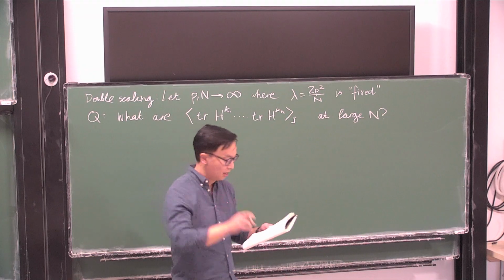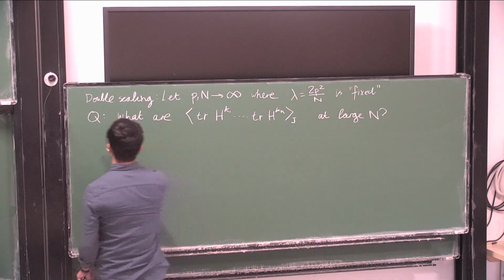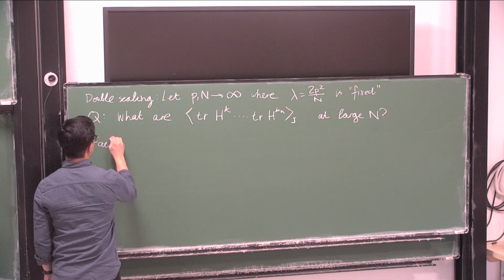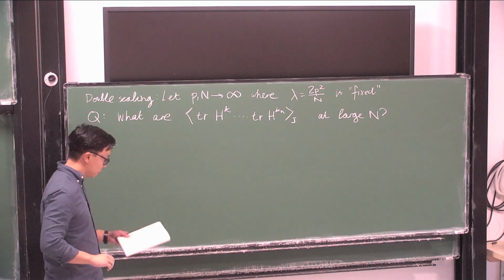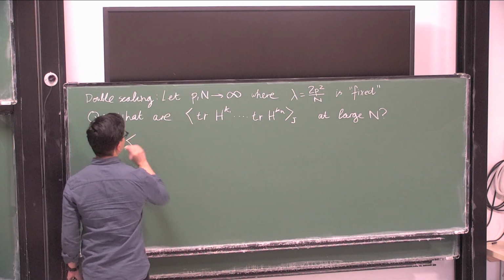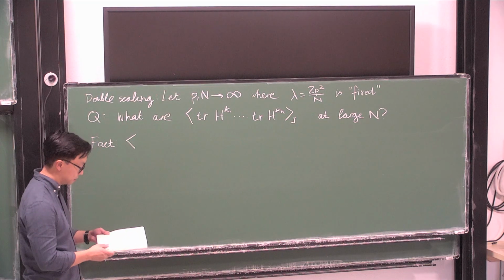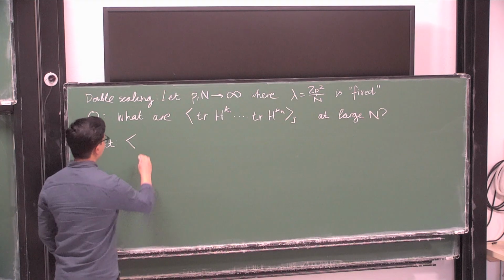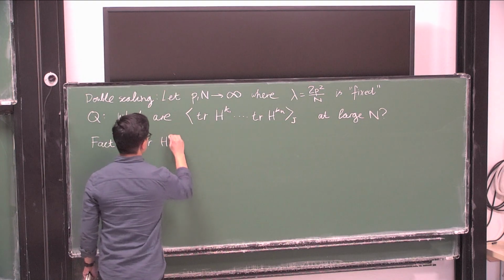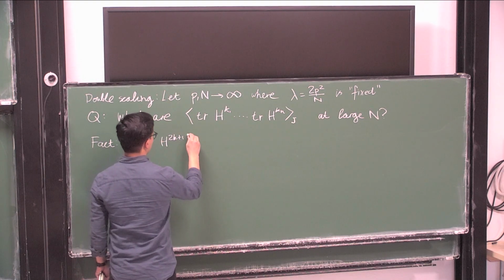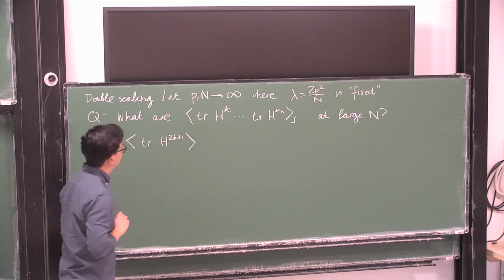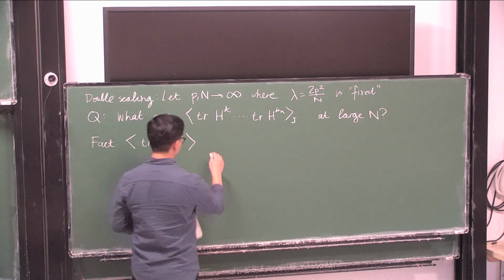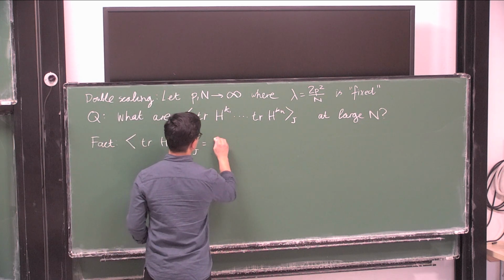Exactly. So you might wonder, how could I convince you that this might be an interesting problem? There are some basic results which might suggest that there's some interesting combinatorics underlying this. The first thing I'll say is the obvious statement that if you take an odd power, this will give you 0.